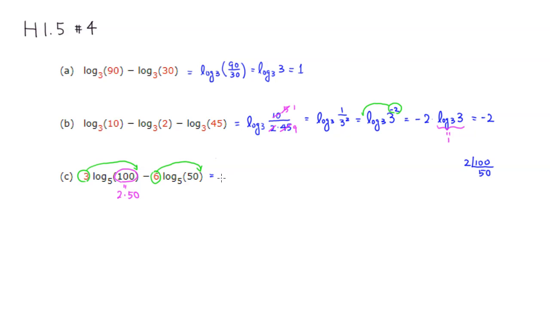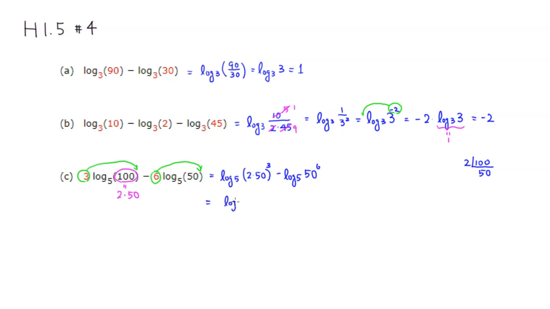So we're going to have log to the base 5 of 2 times 50, and then cubed, minus log to the base 5 of 50 to the 6th power. We have a subtraction, so we can write it as a division.